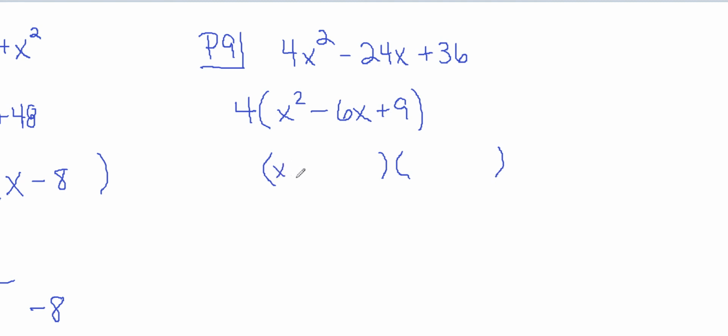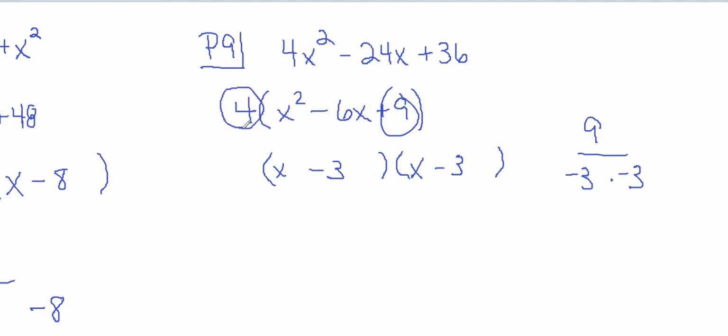So there I have x and x. And now this time I've got 9 that comes over here for a sidebar. And it's got to add up to be negative 6. So it looks like that's going to be negative 3 times negative 3. Okay, and I've got x minus 3 and x minus 3. And the one thing we don't want to forget is the 4 up here that we factored out originally.